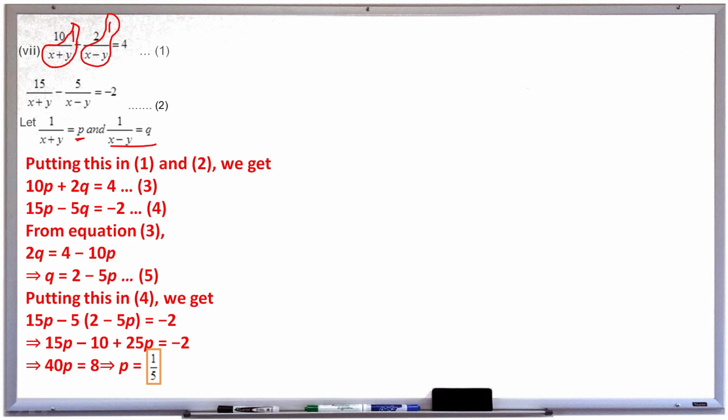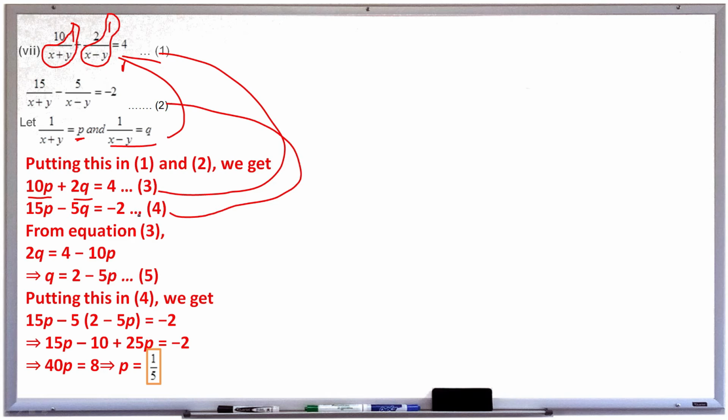When you put this value in the given equation, the equation will become 10 into 1 by x plus y, that means p we have taken, so 10p, and 2 into 1 by x minus y, so 2q is equal to 4. So equation number 1 will become like this, equation number 2 will become like this, just applying the values.